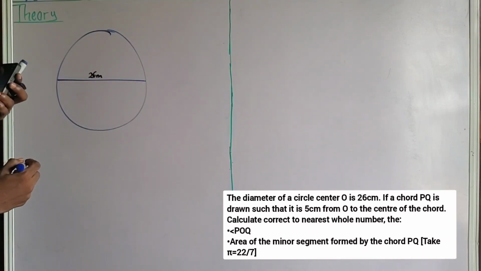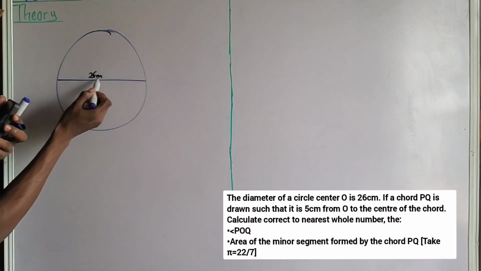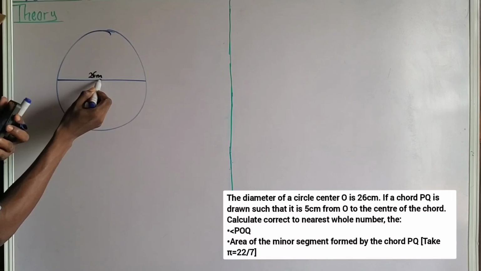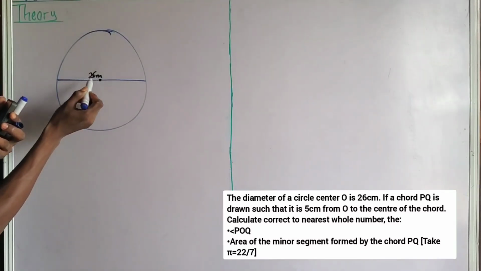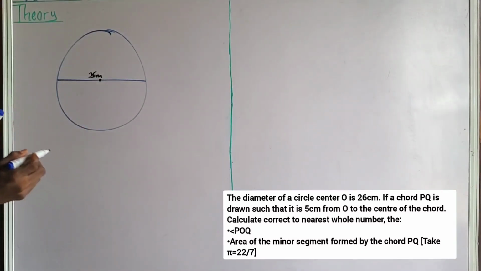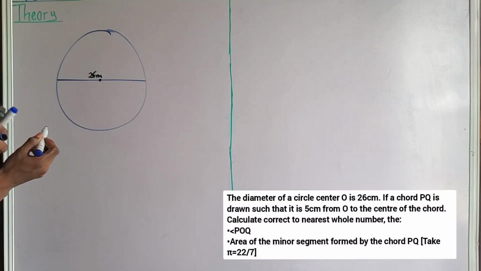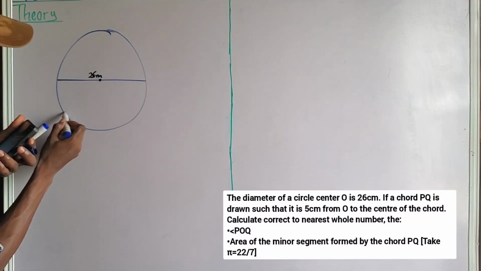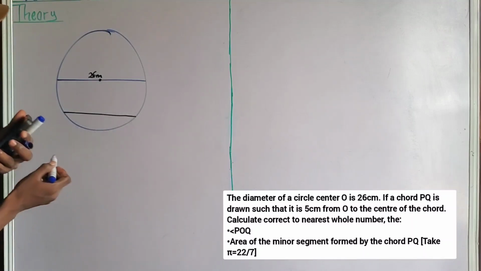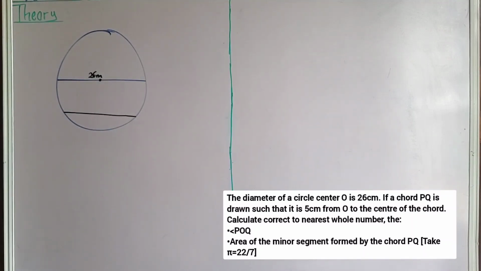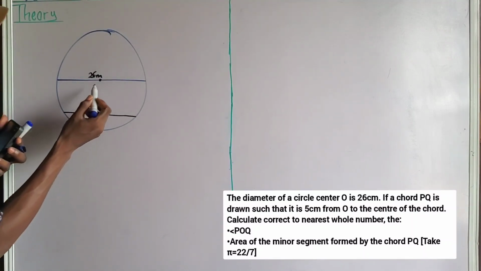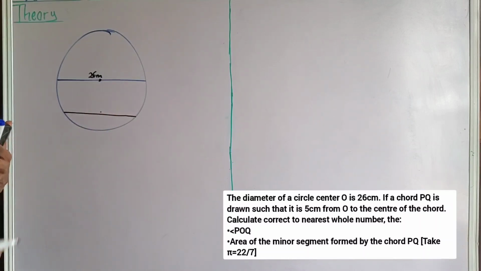Now, if a chord PQ is drawn such that it is 5 centimeters from O. Now, listen to me. The center is O, right? Yes, this is the center. We represent the center as this dot. Now, a chord is drawn such that it is 5 centimeters away from the center. Let's say this is the chord. We draw the chord here. Because the chord is 5 centimeters away from the center, the distance between this point and this point is 5 centimeters.